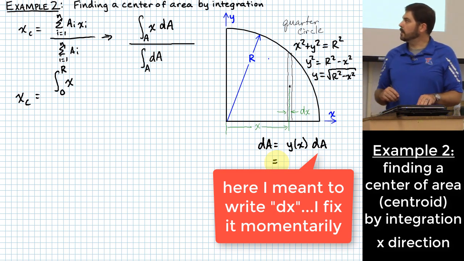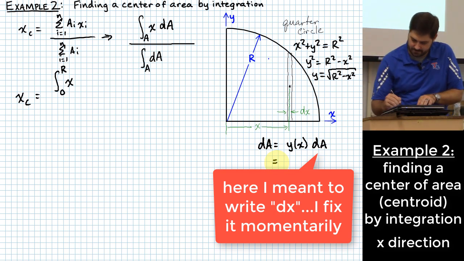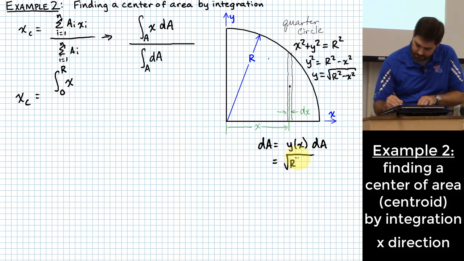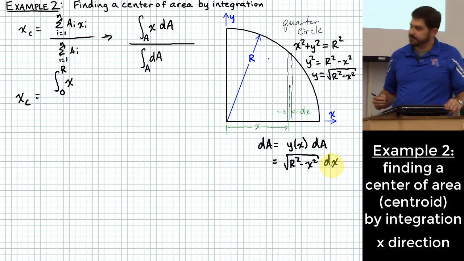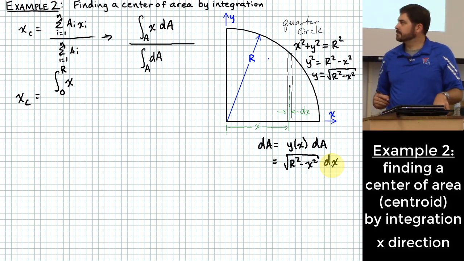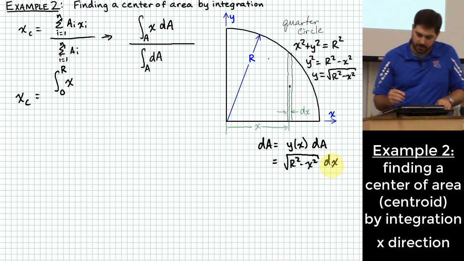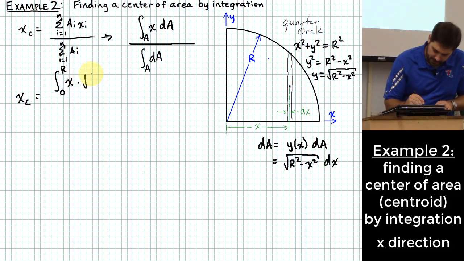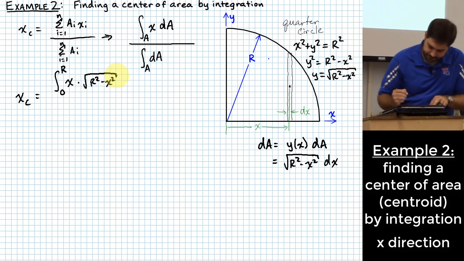And what's y of x? So we go up here and say this is just multiplied by the square root of r squared minus x squared dx.